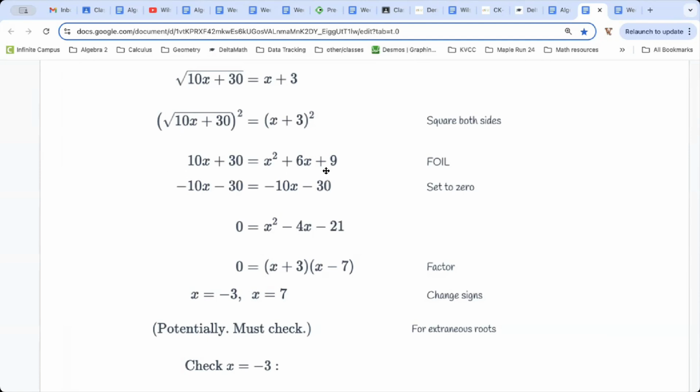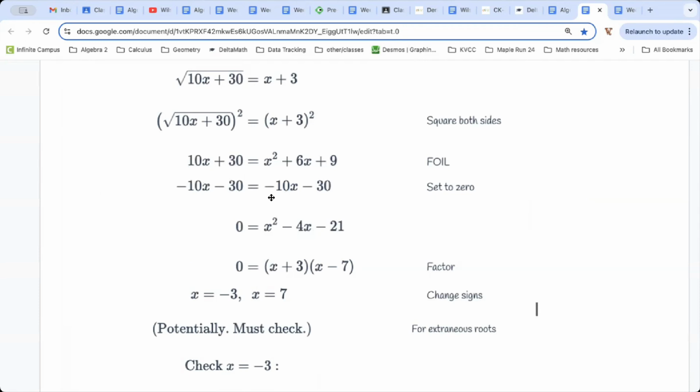The quickest way to solve a quadratic equation is to bring everything to one side. The x squared is positive, so it would be very beneficial to move all the parts to where the positive x squared is located. So subtracting 10x from both sides, subtracting 30 from both sides, the left-hand side will be reduced to 0, and the right-hand side turns into x squared.